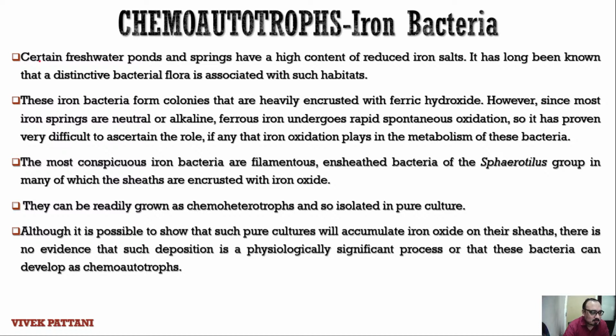However, since most iron springs are neutral or alkaline, ferrous iron undergoes rapid spontaneous oxidation, so it has proven very difficult to ascertain the role, if any, that iron oxidation plays in the metabolism of the bacteria.